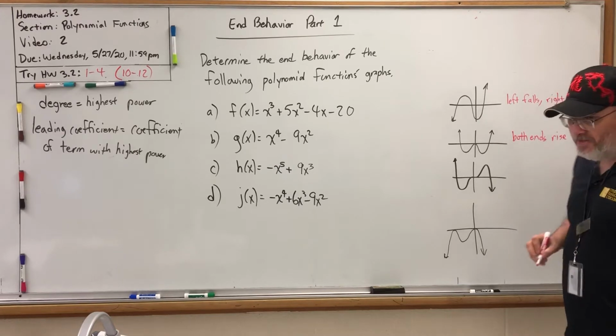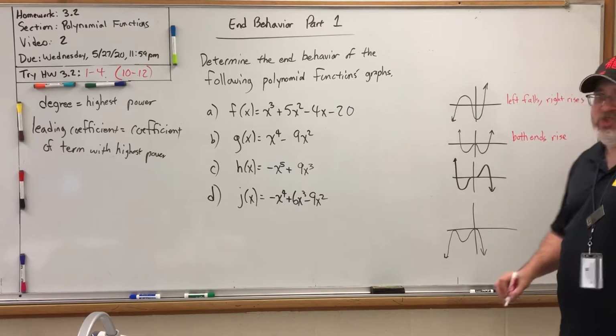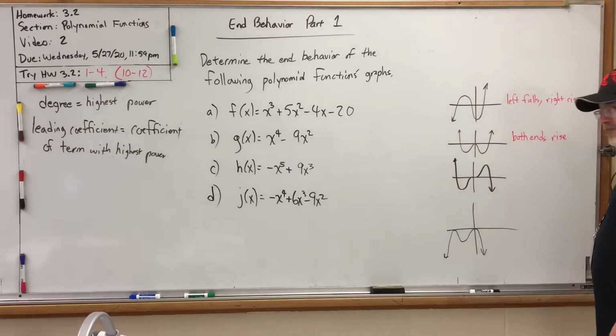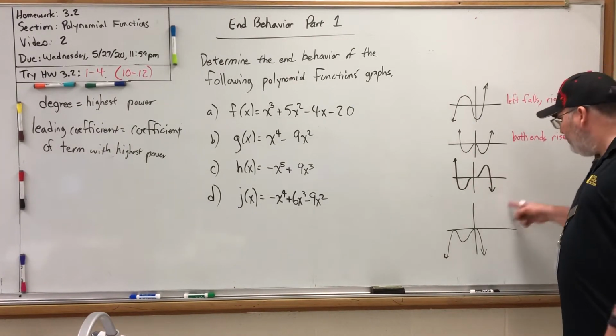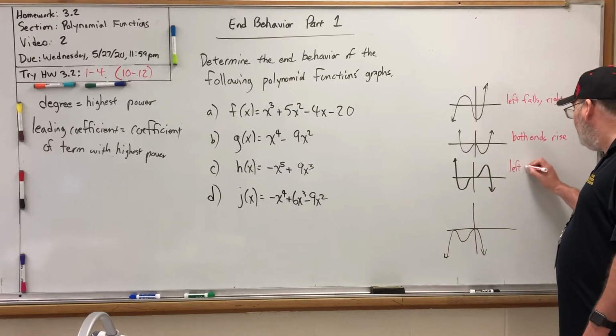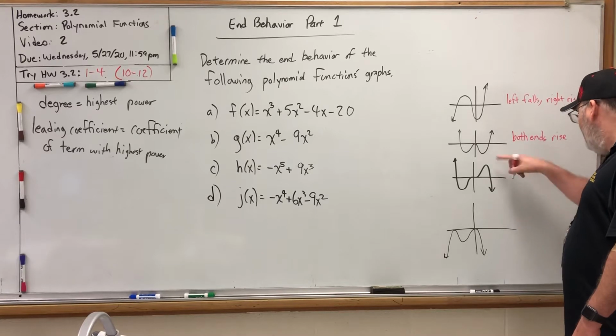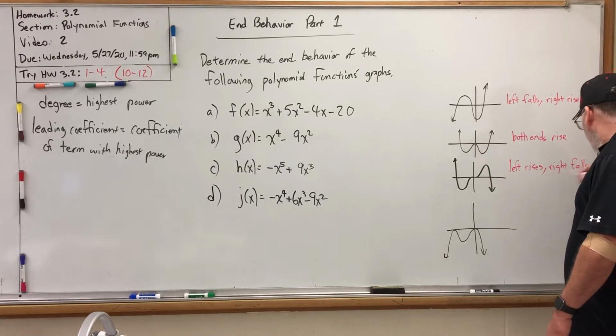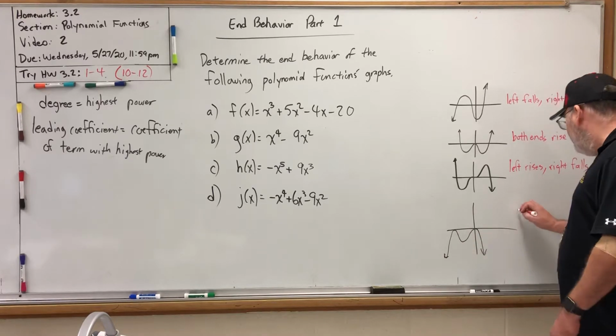Actually, I believe the wording in the homework is it rises to the left and it rises to the right, but it'll use the word rise or fall. On this third one, we have an example of the left rising and the right falling. And in this last one, we have both ends fall.